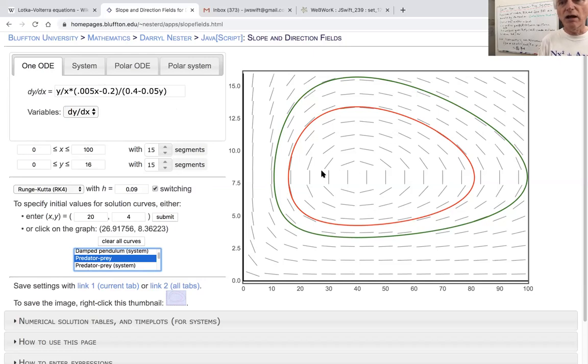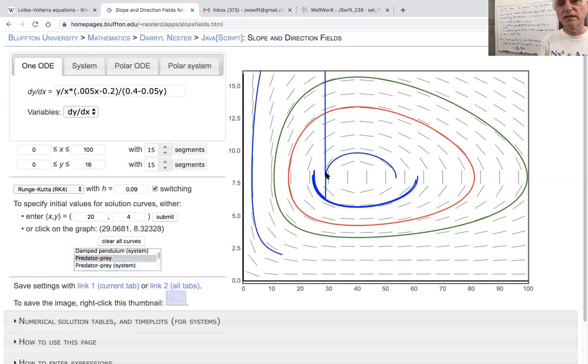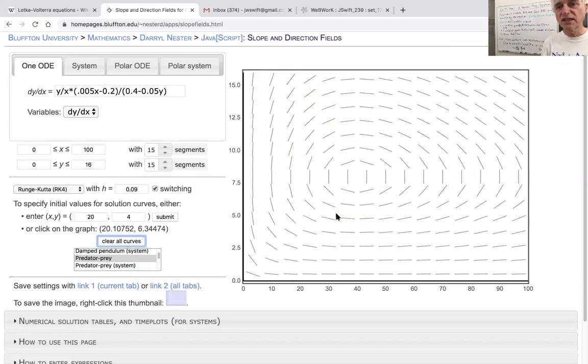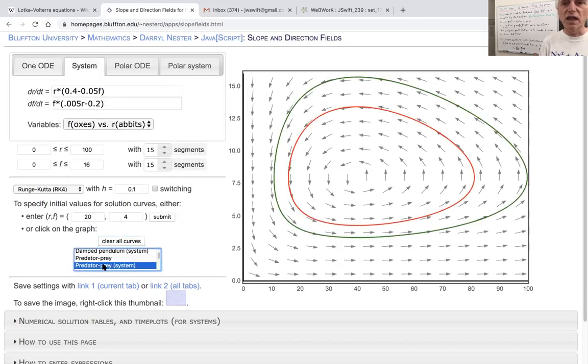And it looks kind of weird, right? Because even with the switching on, which makes it better, as a differential equation this is kind of strange, but at least it does give you the same exact slope lines here as you got the direction field lines over here, right?